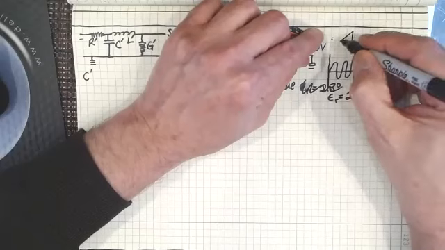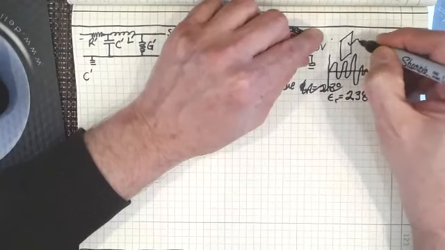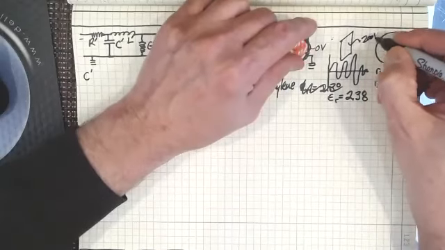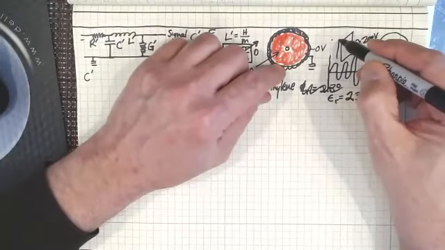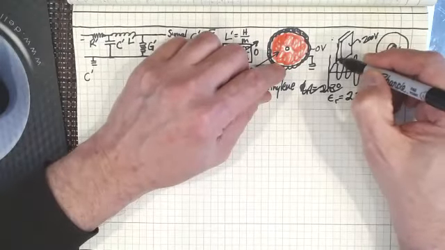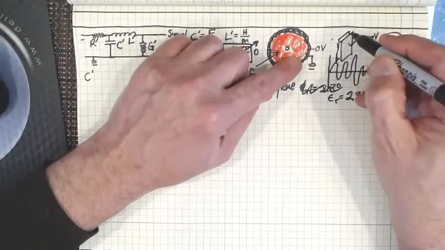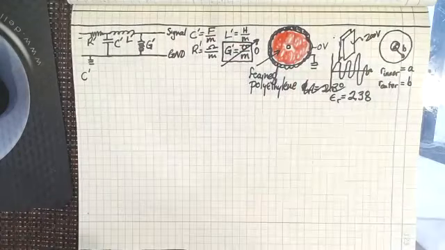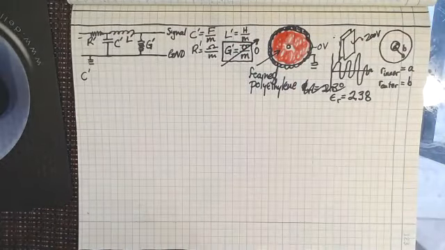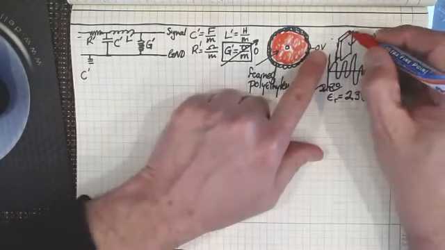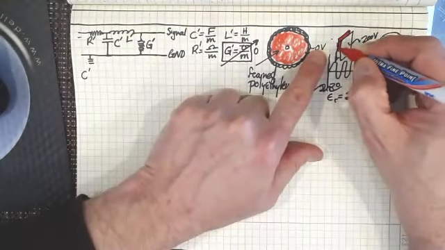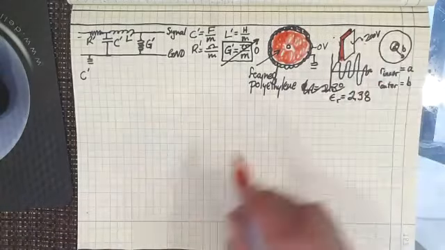If I had a capacitor and I had one plate that was 200 volts and I had the other plate, of course not connected to the capacitor, but a plate there separated by a dielectric, just the exact same as the coaxial cable, right?